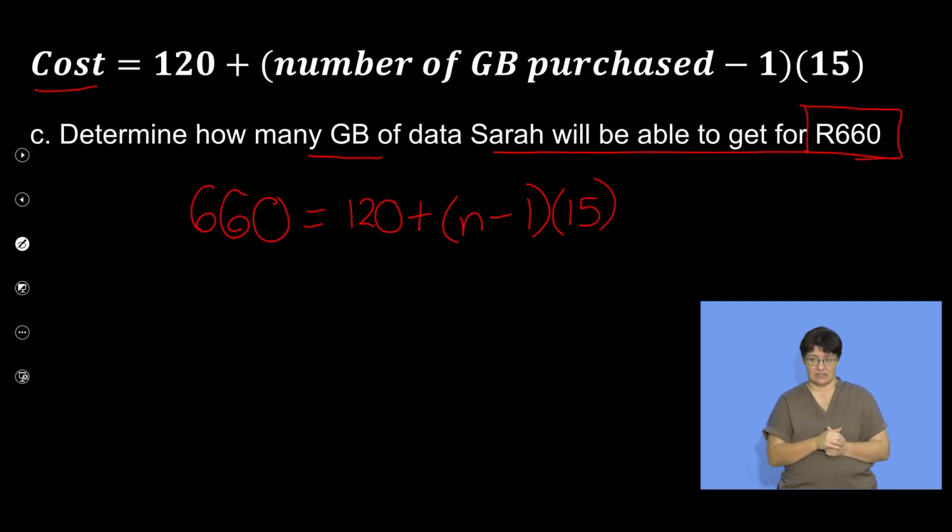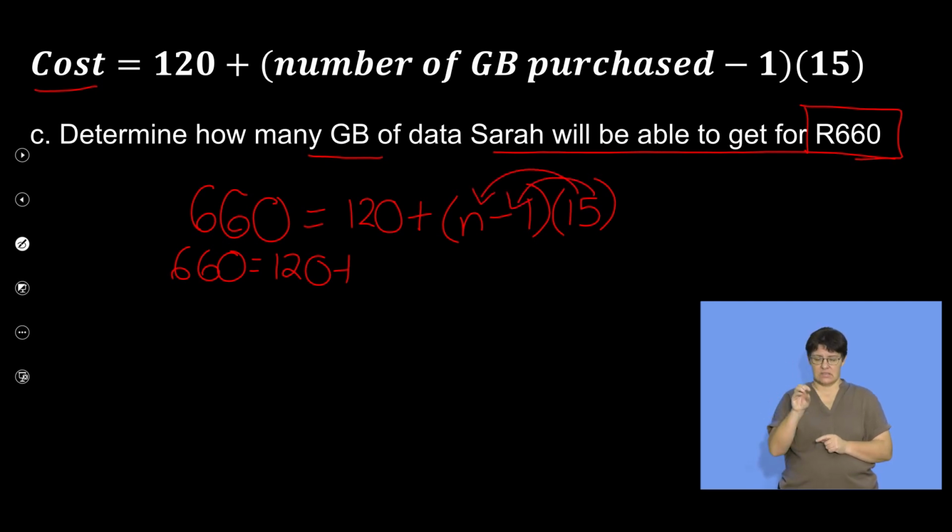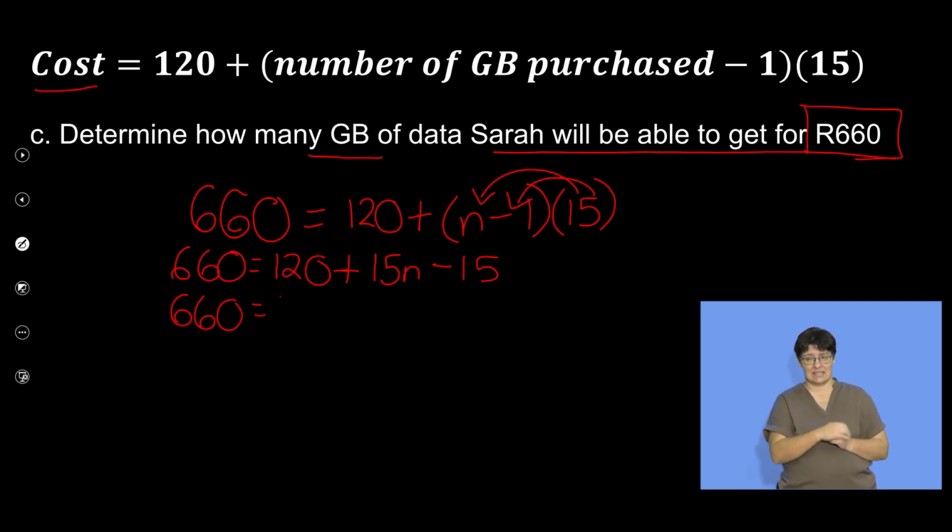Great. So now I'm going to solve this as a linear equation. I'm going to have 660 is equal to 120, distributing this 15 that way, I'm going to have plus 15n minus 15. So I'm going to have 660 is equal to 105 plus 15n. Then if I take the 105 over, I'm going to have 555 is equal to 15n.